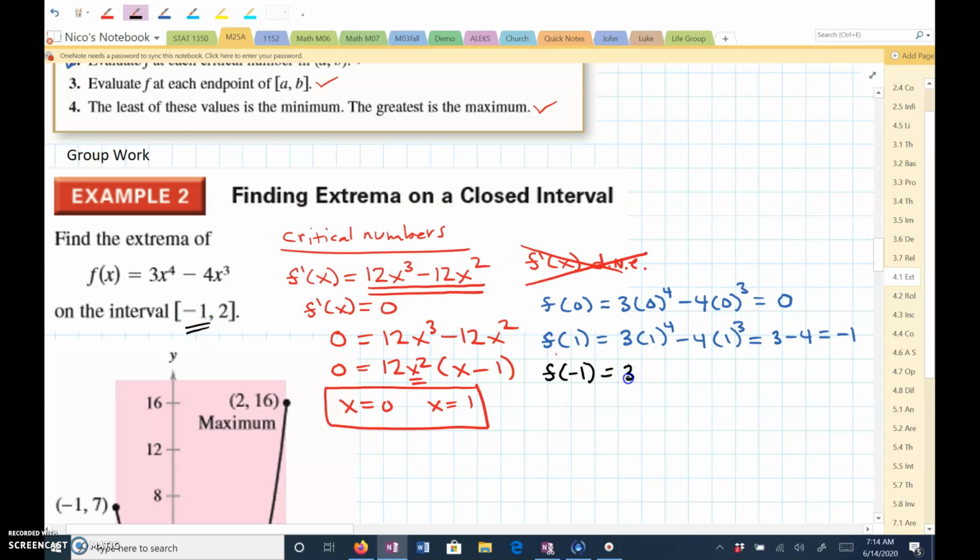This would be 3 times -1 to the 4th minus 4 times -1 cubed. This becomes 3 times 1 minus 4 times -1, so this would be 3 plus 4, which is 7.